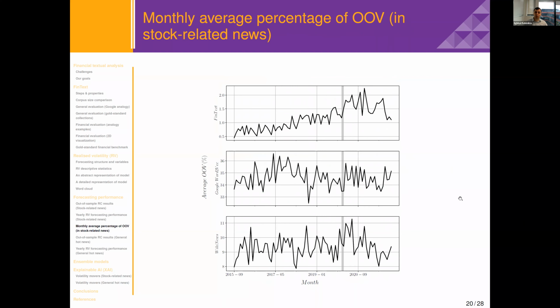And actually we showed that it's mostly coming from the number of out of vocabulary words we have, which is increasing during time for all the models, especially for high volatility, especially during the COVID, which we highlighted here, and we have a sudden jump. And this shows that the model needs retraining, because we finished training the word embedding until 2015, and it is losing its performance during time.